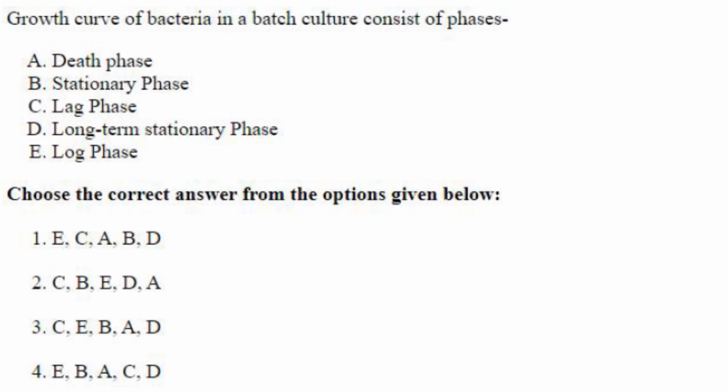So the sequence will be lag phase C at the beginning, then E, that is log phase, then B, that is stationary phase, and finally death phase and long-term stationary phase. So the answer here is option 3.